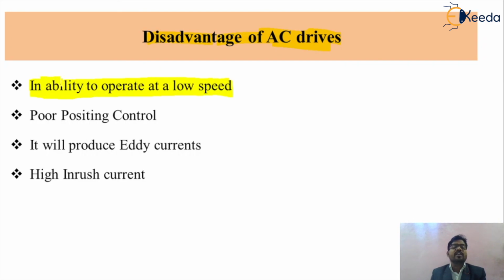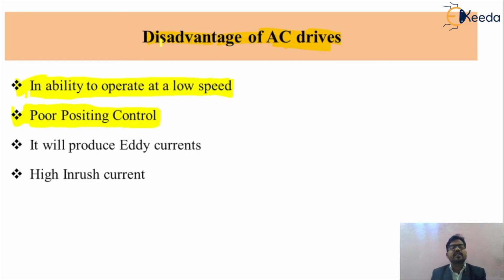So the AC drive will not operate well in low speed applications, and that is one of the disadvantages. Then the second disadvantage of the AC drive is poor positioning control. As compared with other types of motors, a servo motor drive provides better positioning control, so that's why AC motor drives have poor positioning control.